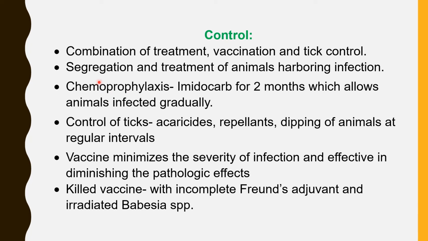Segregation or separation and treatment of animals harboring the infection. Chemoprophylaxis such as imidocarb for 2 months, which allows the animal to be infected gradually, and there is immunity also. So animals are saved from further higher infection.